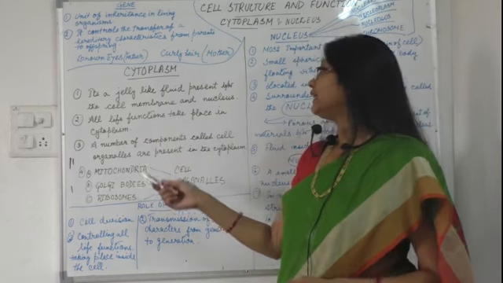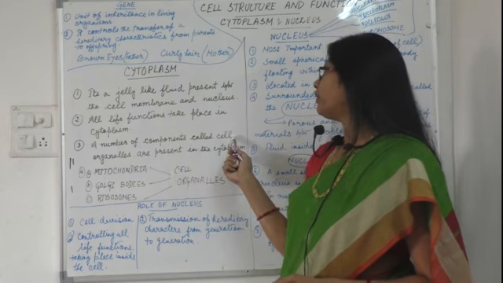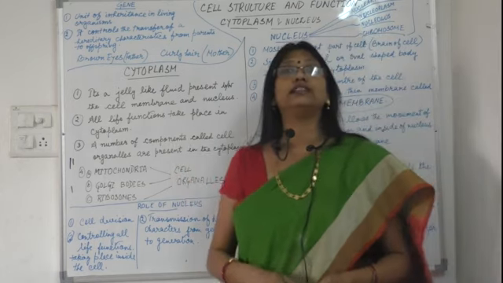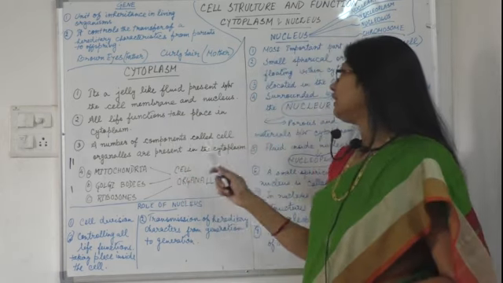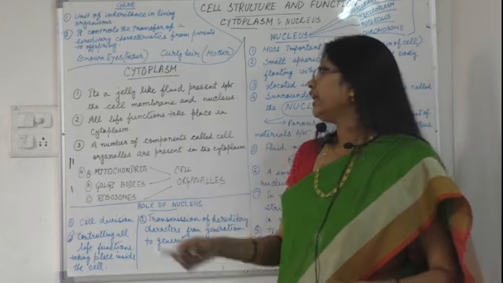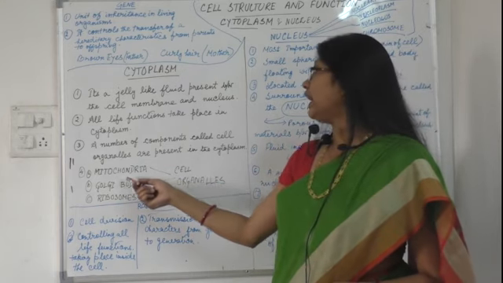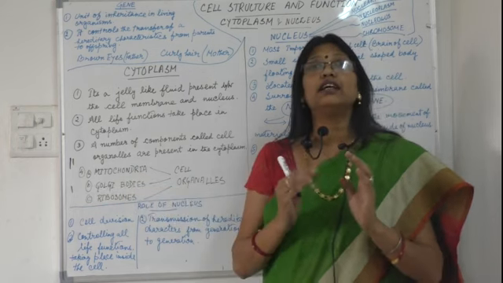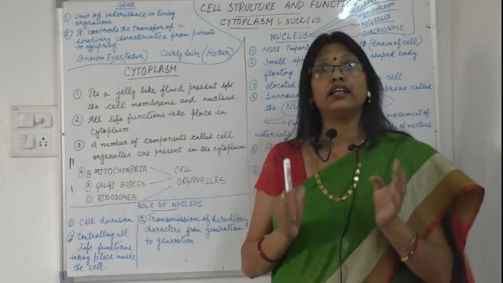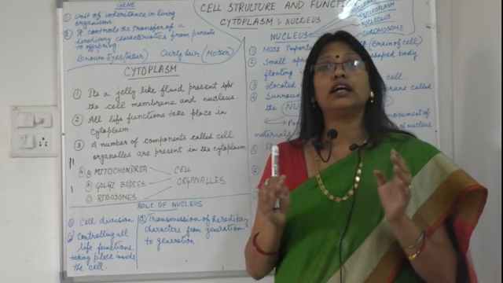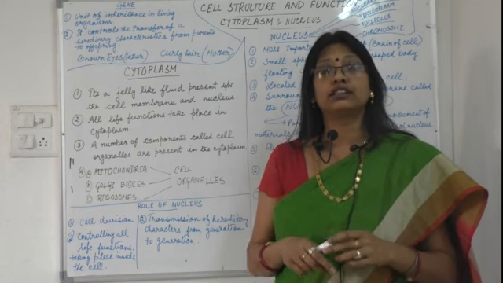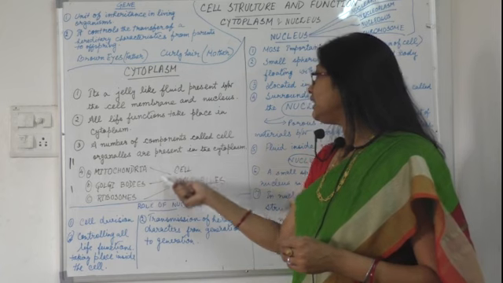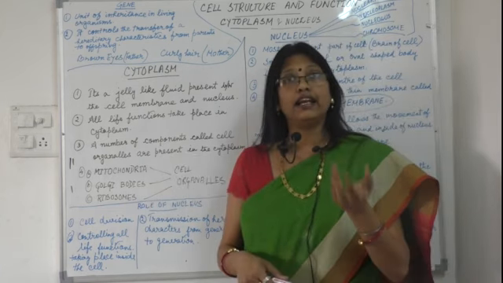And a number of components called cell organelles are present in the cytoplasm. If we name them, they are mitochondria, Golgi bodies and ribosomes. These are some main cell organelles which perform the life functions. We will discuss these later on.